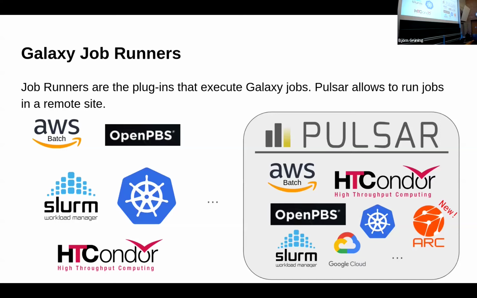In the end, it's a sort of middleware, so it will also have below it a batch computing system, for example the typical ones, like HTSlurm. But it can also work as a client that basically submits the jobs to cloud systems as well, like AWS Batch or Kubernetes, and in the same fashion it works with Arc.